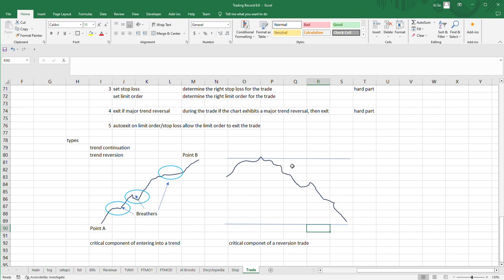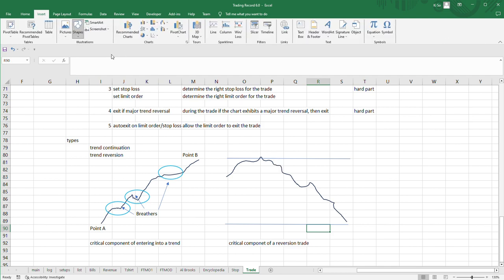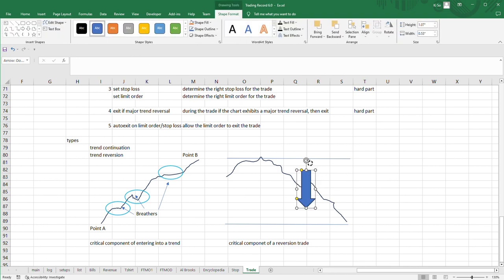So when I see a particular point of interest, the biggest point of interest is essentially right at this point right there.